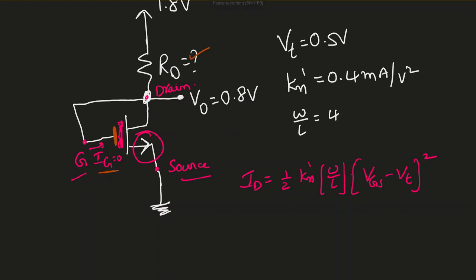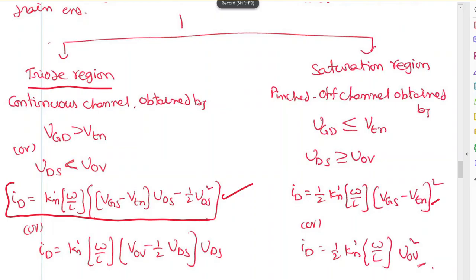Do I know VGS? Looks like we know the VGS value. VGS is 0.8 and VT is 0.5. So if you look into the voltages of the two regions of operation, G is the gate voltage, D is the drain voltage.